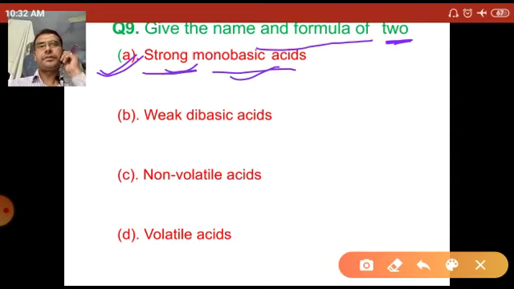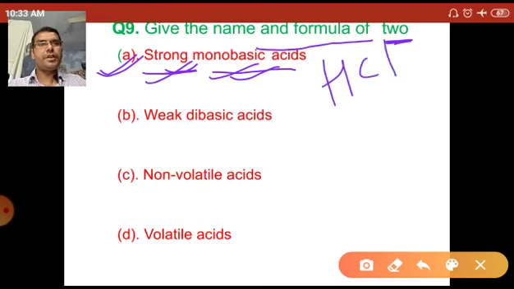As you know, a monobasic acid is an acid which releases 1 H plus ion in aqueous solution. So HCl is a monobasic acid and HCl is a strong acid, because HCl furnishes only 1 H plus ion in the aqueous solution.